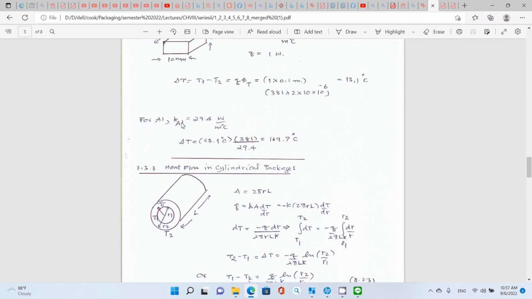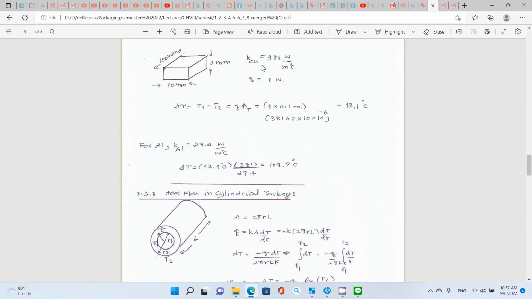Now for aluminum, the thermal conductivity of aluminum, or KAL, is equal to 29.4. That's lower than K of copper. You apply this equation, you pick up 13.1, and you put 381. You cancel this one out, and you divide it by K of aluminum, 29.4. That gives you 169.7 degrees Celsius.